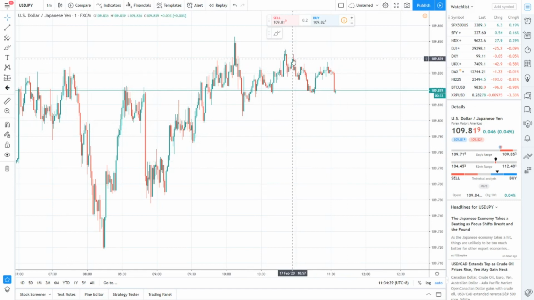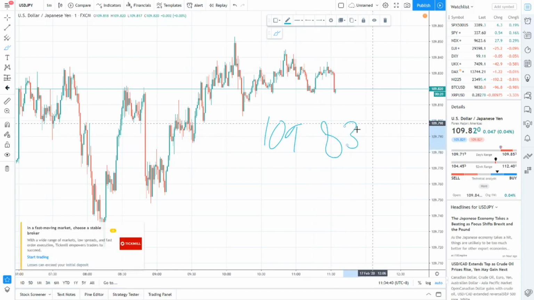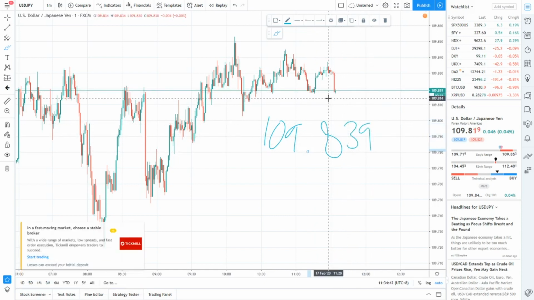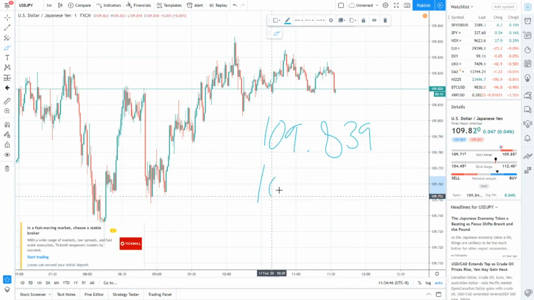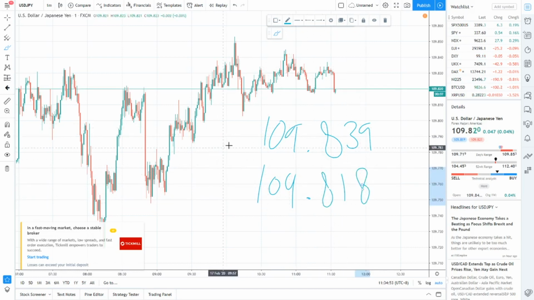So let's take an example of 109.839, and this one over here is going to be 109.818. Like I told you, in USD Japanese yen, it's measured in 2 decimal points.